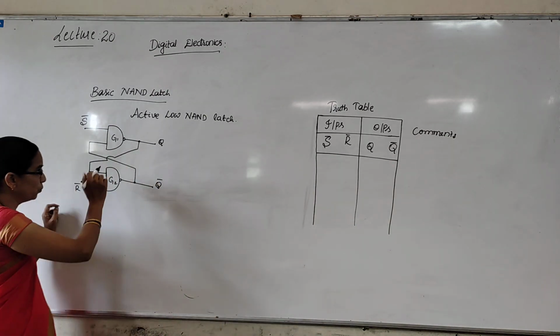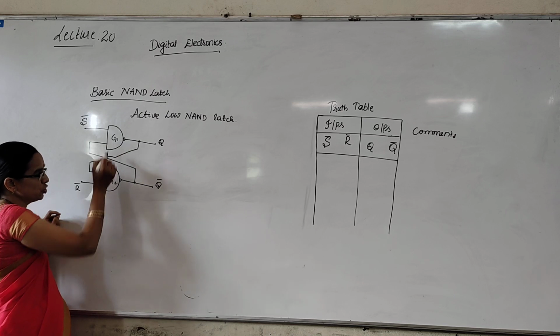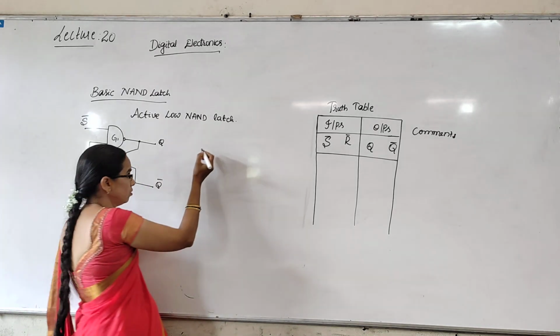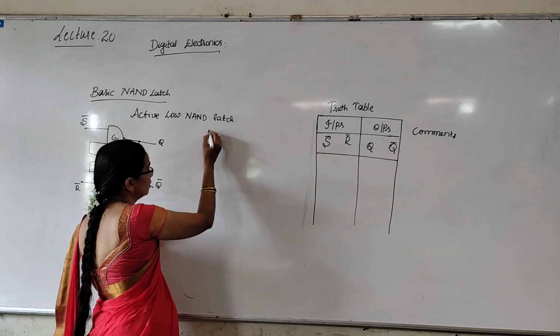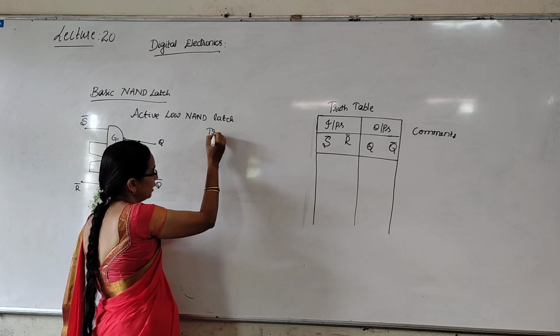Here we have used two NAND gates, G1 and G2, and I will also write the truth table of NAND gate.